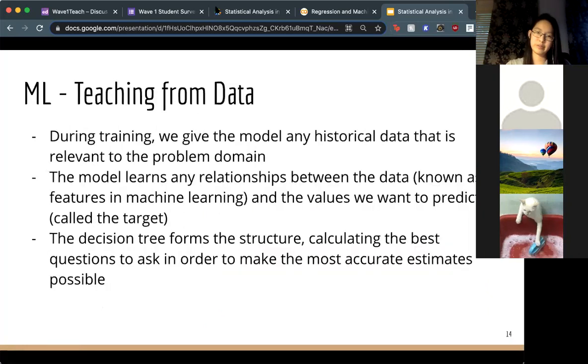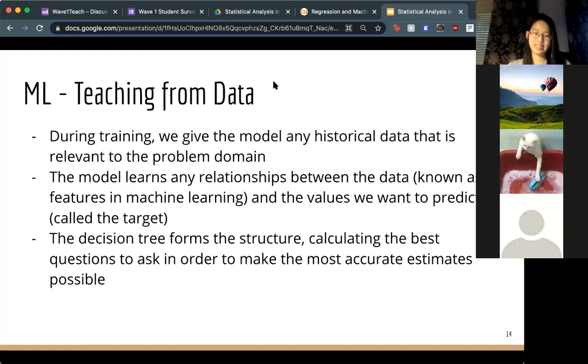Let me explain that a bit further. During training, as I mentioned before, you feed your model basic data sets, some kind of historical data, something relevant to the problem domain.